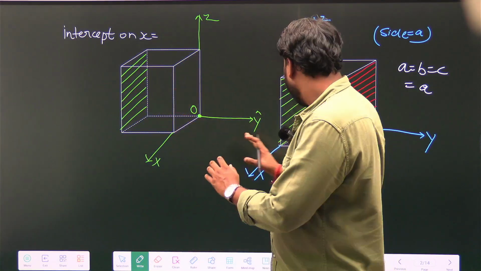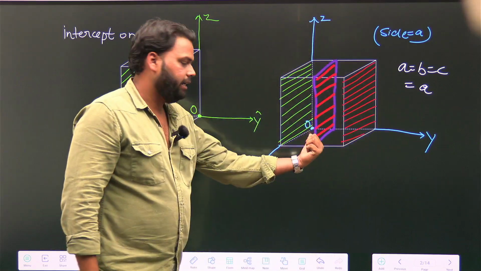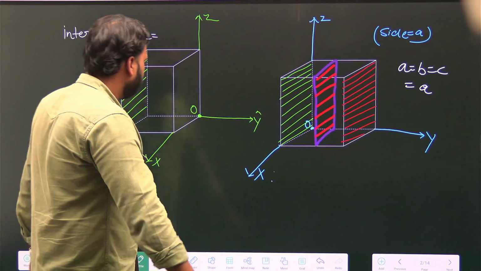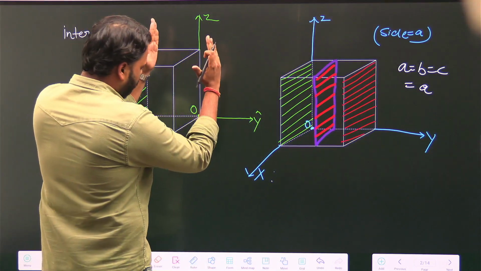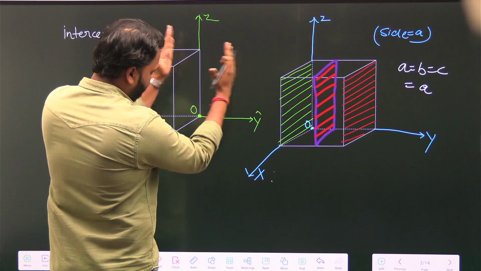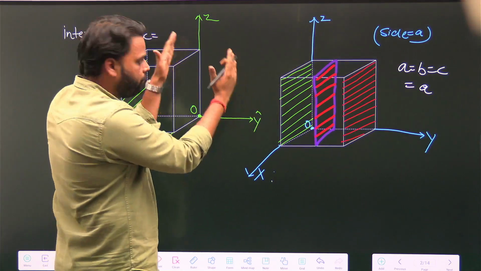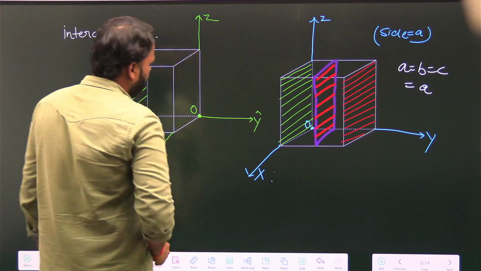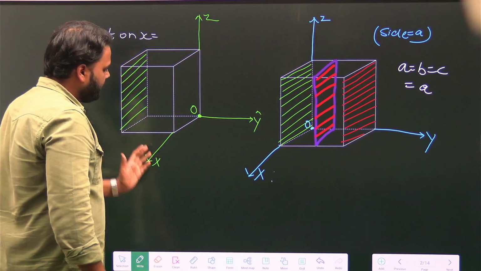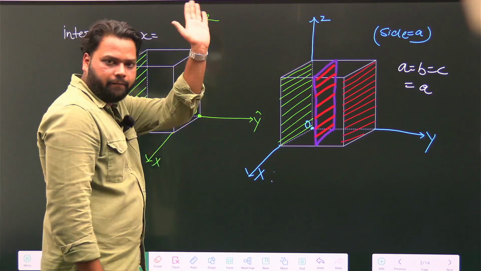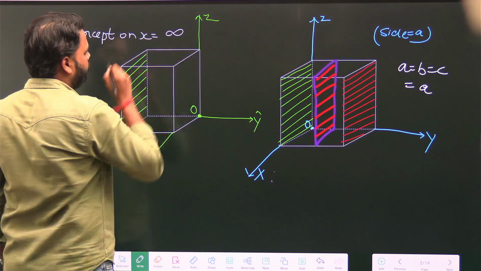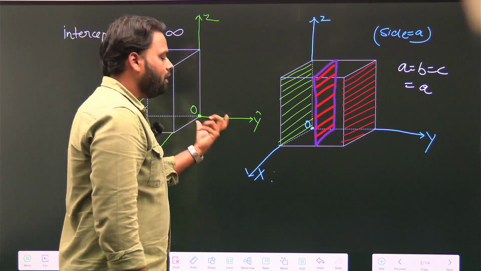Now don't look at the old origin here. आपका origin shift हो चुका है. Your origin has been shifted. आपको अब इसको focus करना है. You have to focus on this origin. Now tell me, where is this plane cutting the x-axis? Infinity. Okay. Very good. Where is this plane cutting the y-axis?